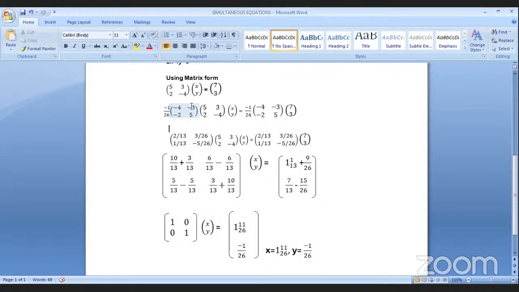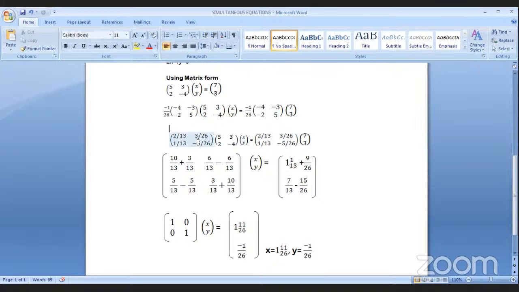Then we do the same for -3. We get 3 out of 26. The same for -2. We get 1 out of 13. Then when you multiply it by 5, we get -5 out of 26. Then we also do the same for this, which will technically be the same.